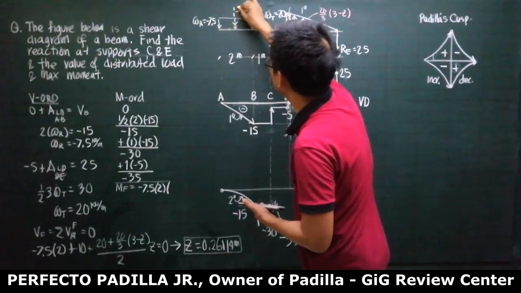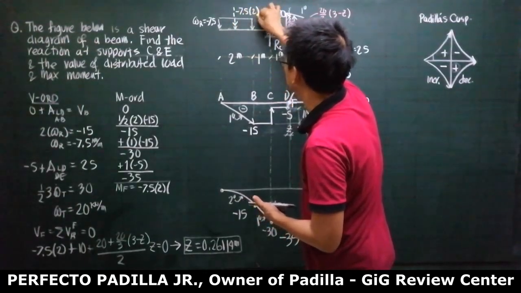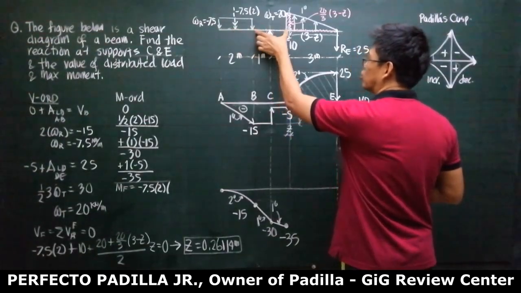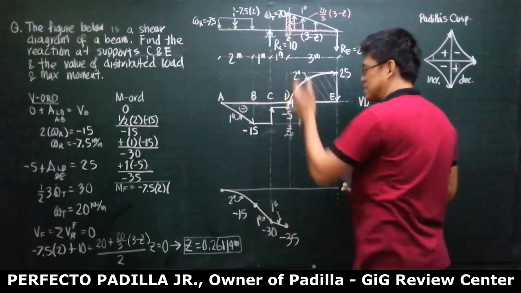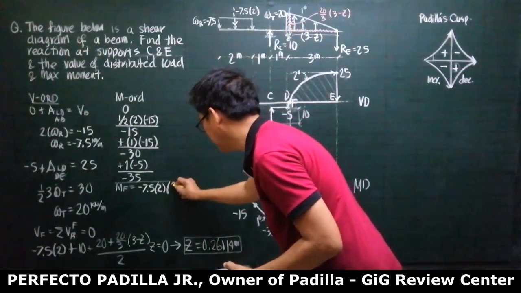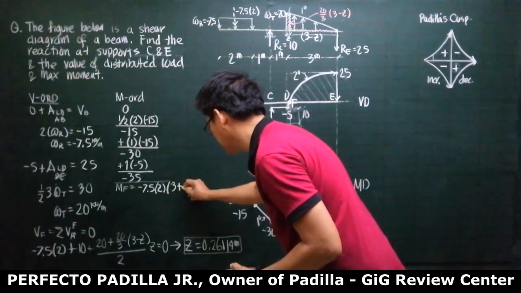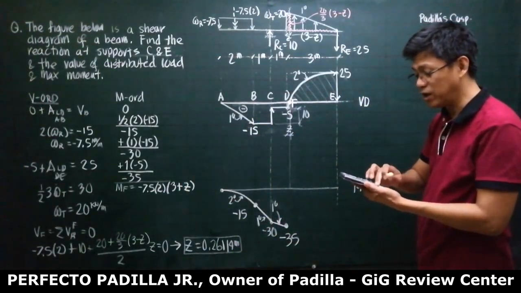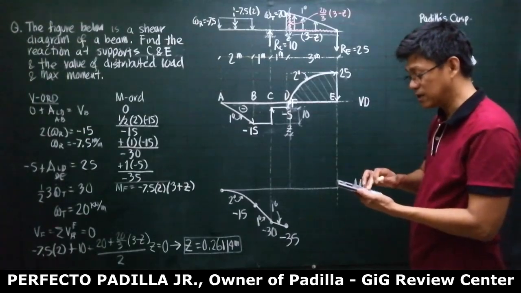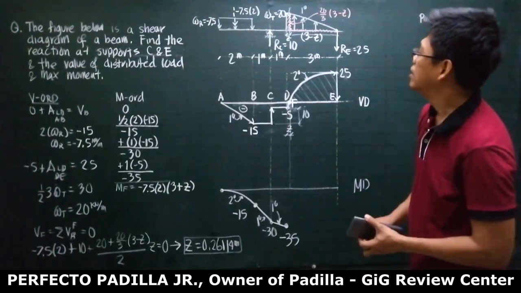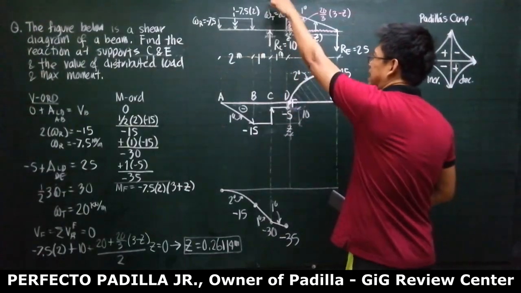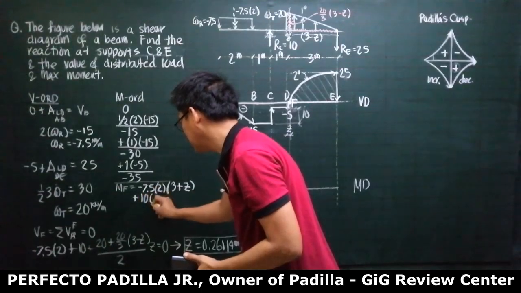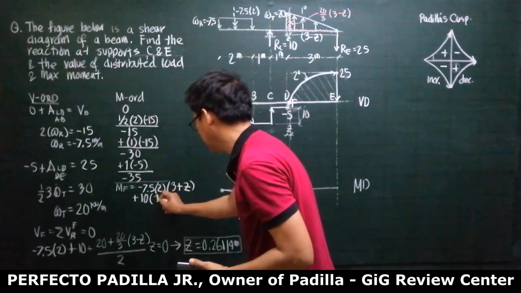The moment arm here is 1 meter plus 2 meters, so this is 3 meters plus Z. So this is 3 plus Z, which is this one. I will store it in my memory, so shift store C. Okay? Alright. So, plus 10 times this, so plus 10 times 1 plus Z.